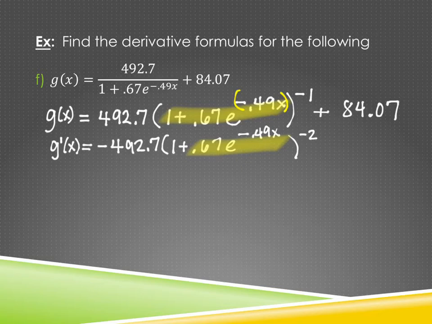Then I have this piece. The 0.67 is a constant multiplier, so it comes along for the ride. What is the derivative of e to a power? E to the power, and the power remains unchanged. It's another inside function that I'm not going to manipulate until I take its derivative next. And that's where I am now.